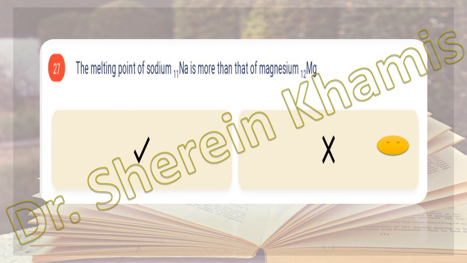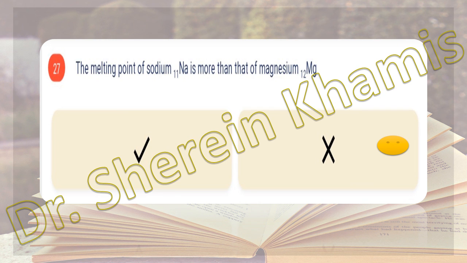The one that has the highest melting point will be aluminium, which is hard in nature. With less melting point will be magnesium, and the least one in melting point will be sodium.